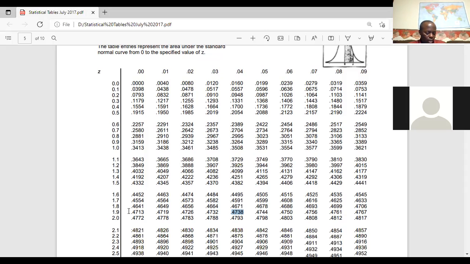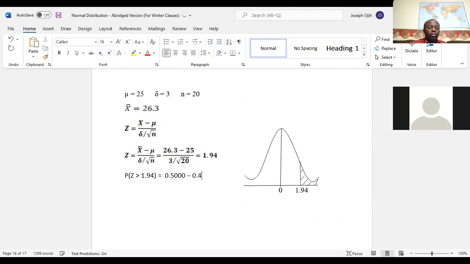Let me write it down: 0.4738. So we go back and put 0.4738, and that will give us the required answer.